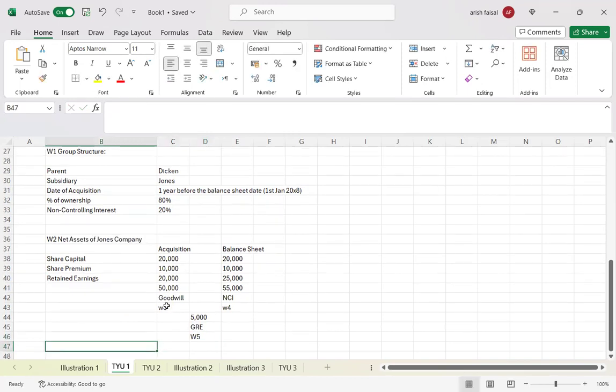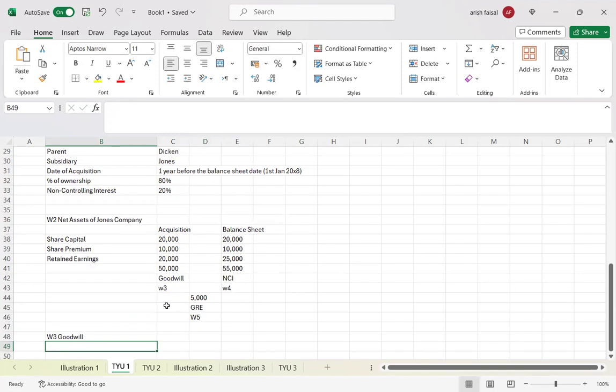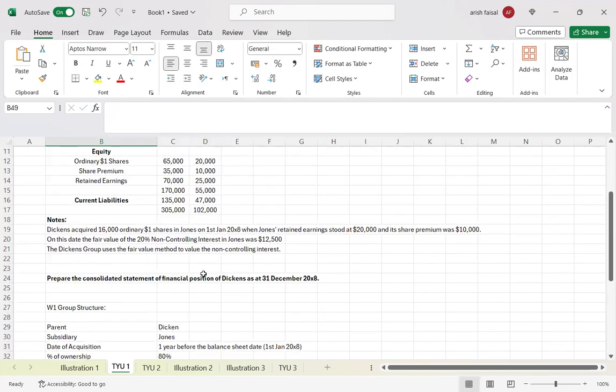Okay. So now we will find out working number 3, which is for the goodwill. As a quick review, there are two ways the parent company can determine the goodwill. One is called the proportionate method, and the other is called the fair value method.